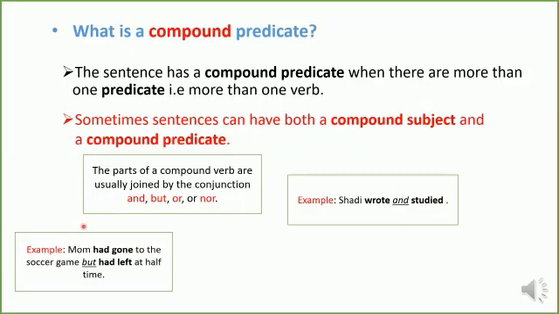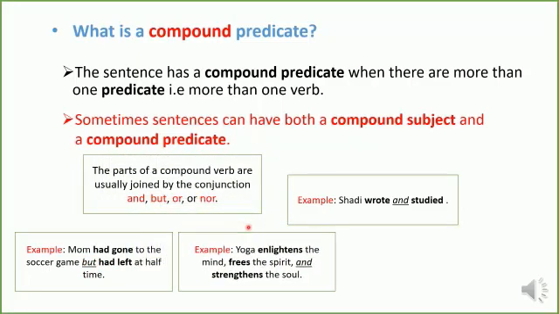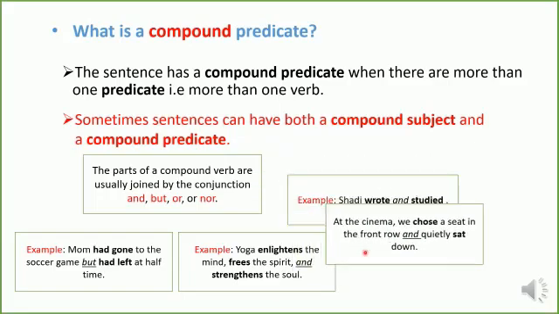Another example, Mom had gone to the soccer game but had left at halftime. Here also we have 2 verbs, had gone and had left, and these 2 verbs are connected by the conjunction but. Another example, yoga enlightens the mind, frees the spirit, and strengthens the soul. Here we have also 3 verbs connected by the conjunction and, so we have a compound predicate.